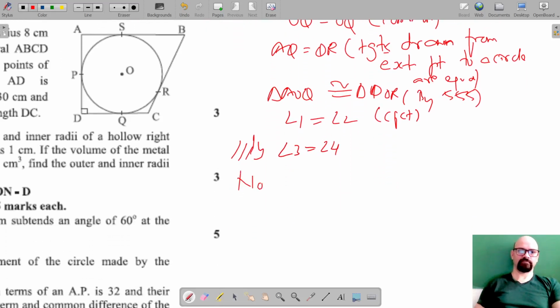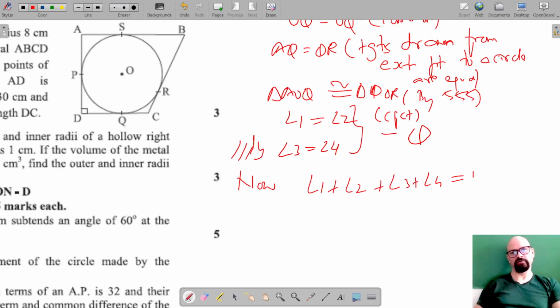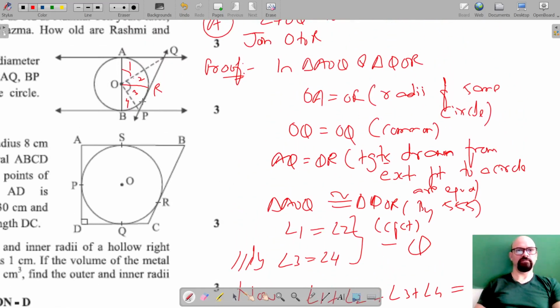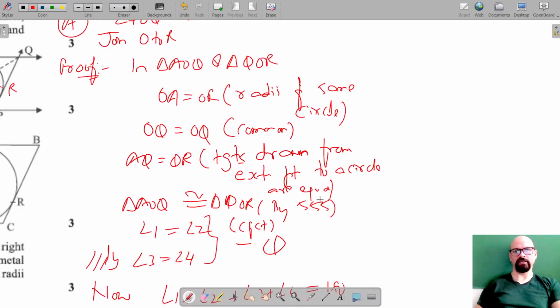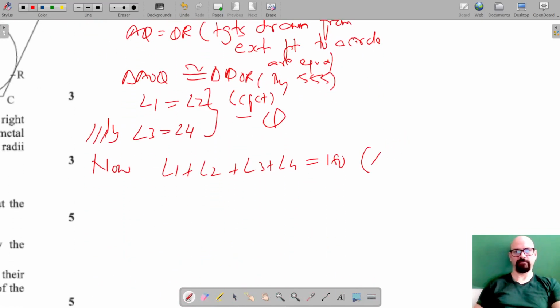Now, let this be our first set of equations. Now, angle 1 plus 2 plus 3 plus 4 gives us 180 degrees because these are the angles on line AOB, and AOB is a straight line. So I can write here the reason is AOB is a straight line.